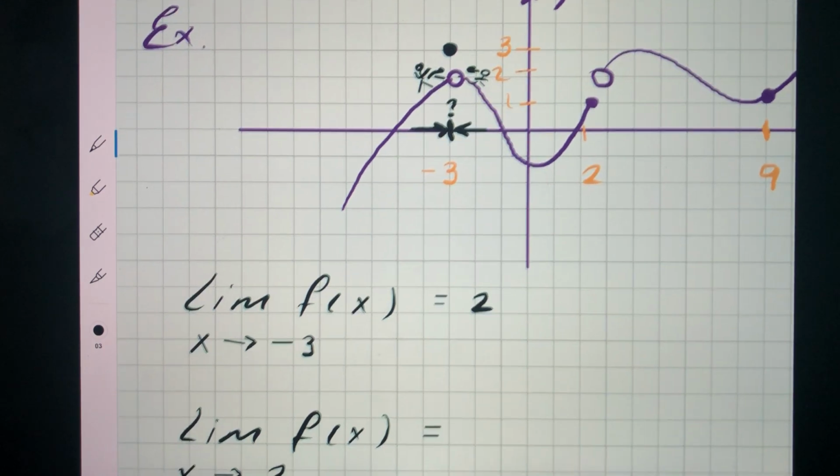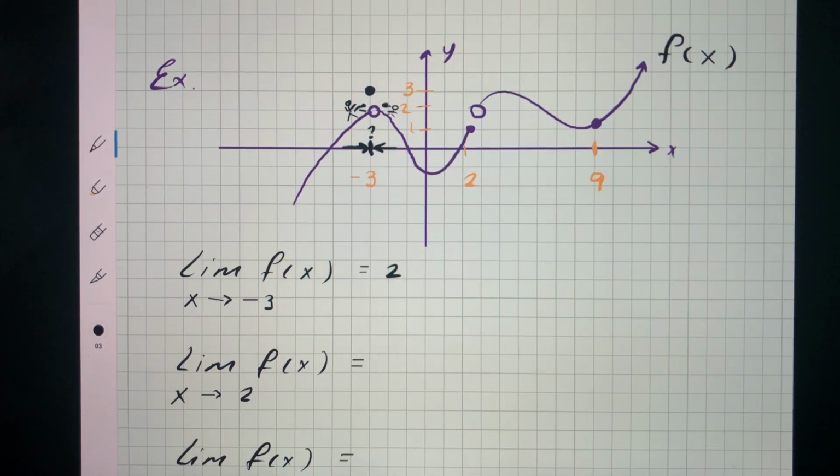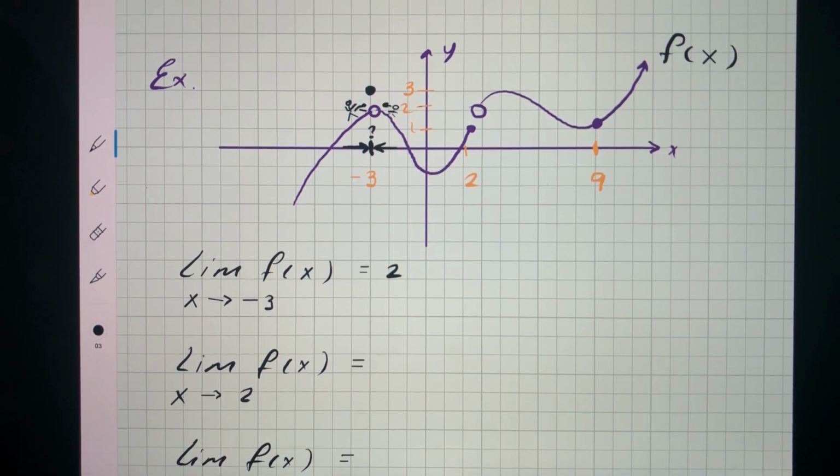Now let's look at the next example. So here we are approaching 2 from the left and from the right. As we go to 2 from the left, we are going on this side, and that height is equal to 1. But from the right side, we're going on a different piece of the curve, and we will end at this height, which is 2.